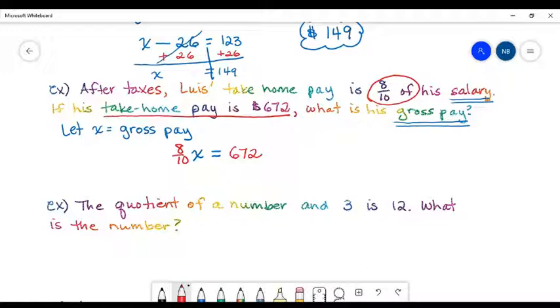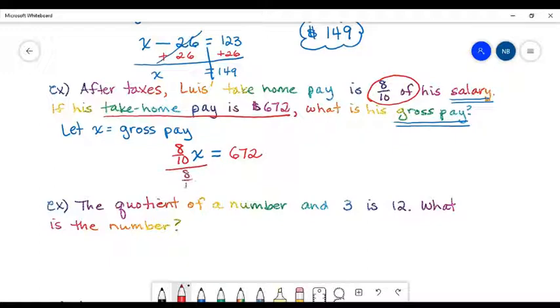All right, now we're going to go ahead and solve this equation. Since you're probably using a calculator, we can solve this by simply dividing both sides by 8/10.